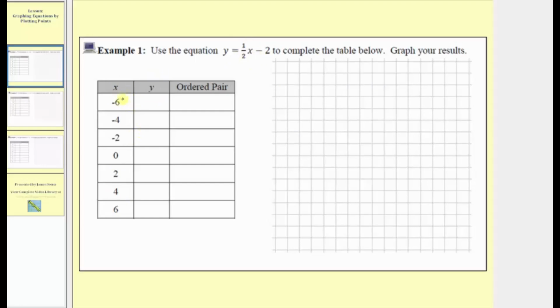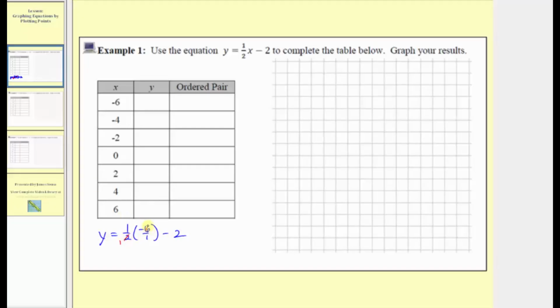So looking at this first row, we have an input or x value of -6, which means y would be equal to 1/2 times -6. Because we have a fraction here, I'm going to write -6 as -6/1, and then minus 2. Now we want to find this product. Notice there's a common factor of 2 between 2 and 6.